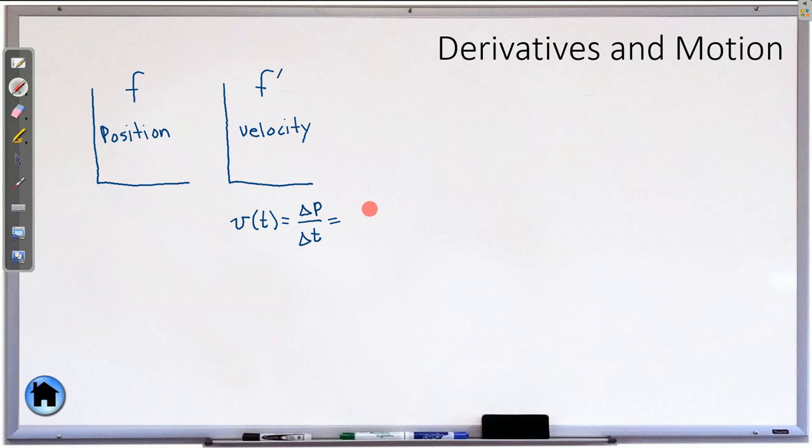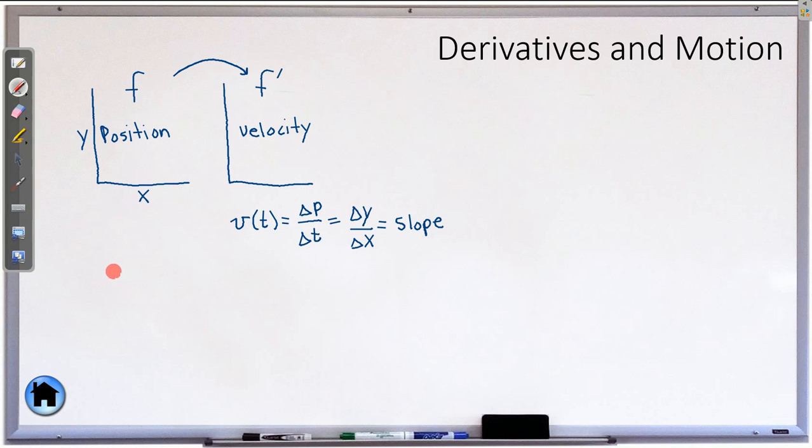Change in position over change in time hopefully looks a lot like delta y over delta x. Same idea, because this is our y value here and this is our x value there. And so that is simply the definition of slope. So when you take the slope of position, also known as the derivative, you get velocity.